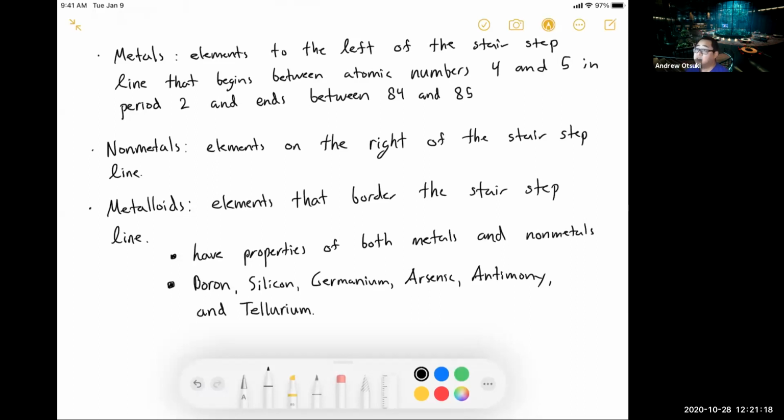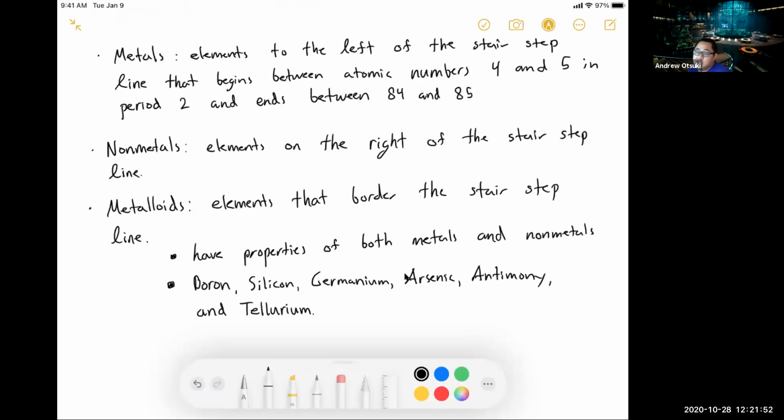We can actually look that up right here. Okay, so I think it's related to its metallic character.